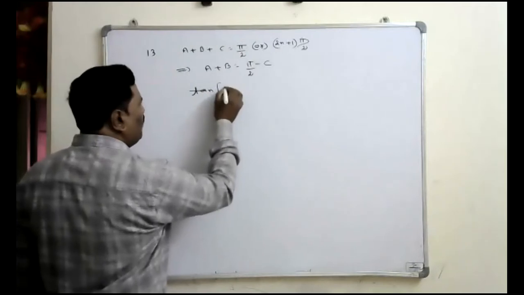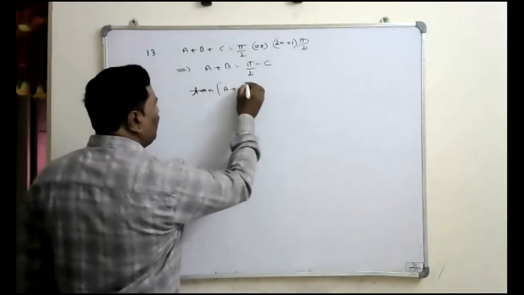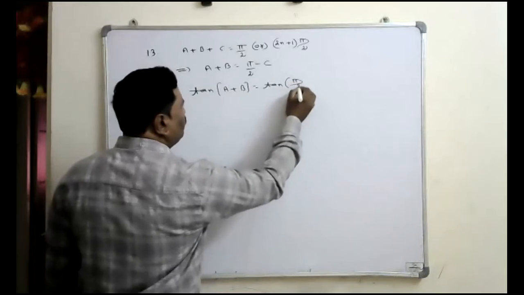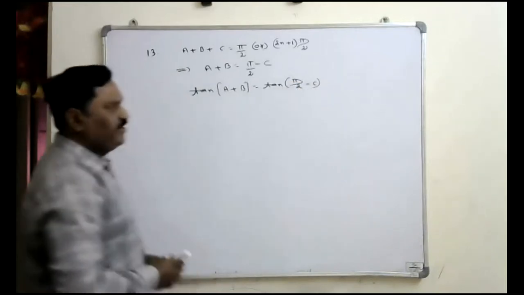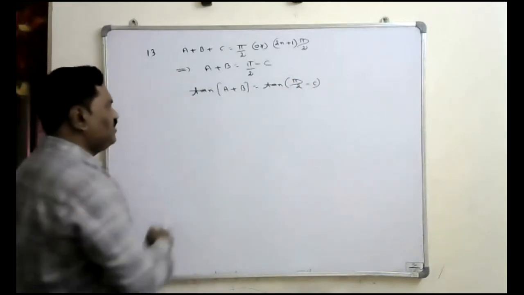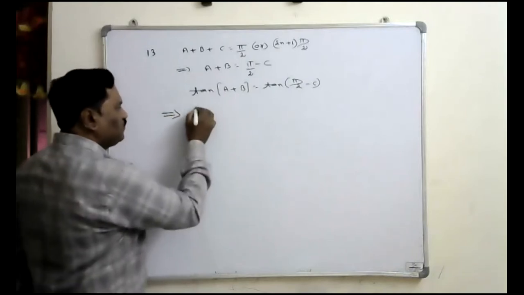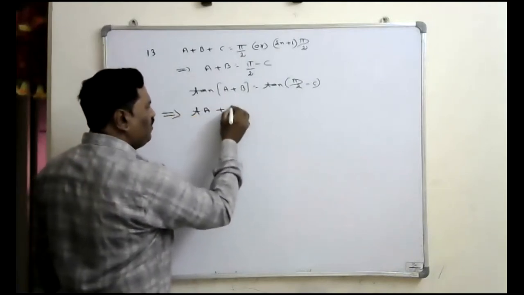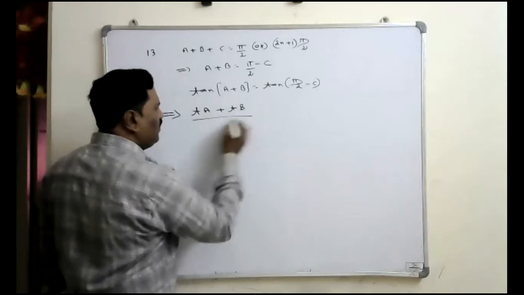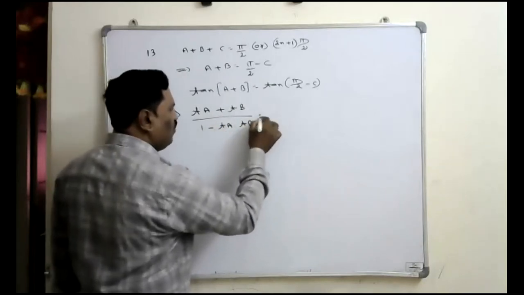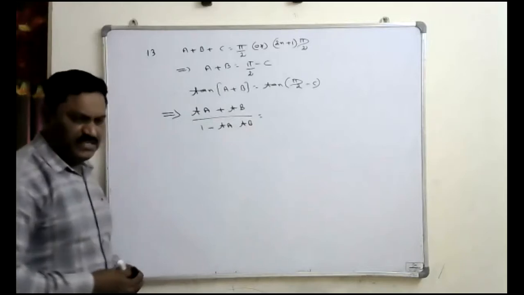So tan of A plus B is equal to tan of pi by 2 minus C. Now tell me what is the formula for tan of A plus B? Tan A plus tan B upon 1 minus tan A tan B is equal to tan of pi by 2 minus C. How do you write it?